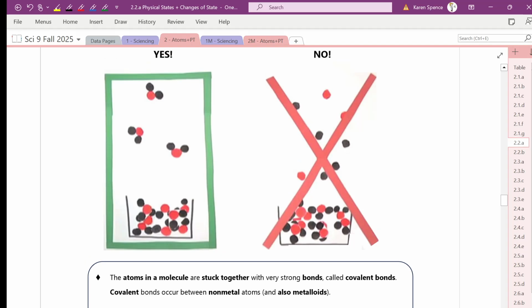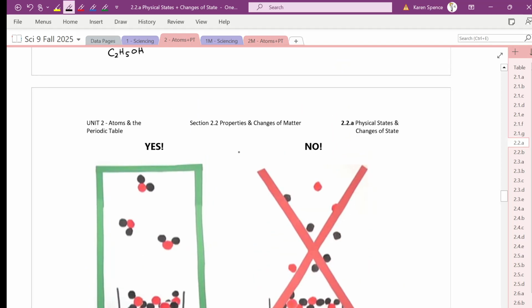So if we have our water molecule, there's this stickiness that holds the hydrogen to the oxygen, and that little sticky bit is called a bond. Okay? And bonds are strong.